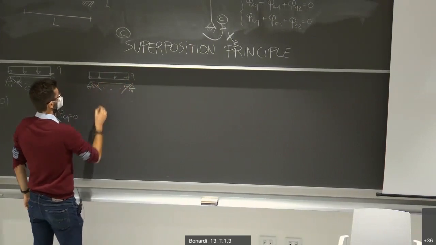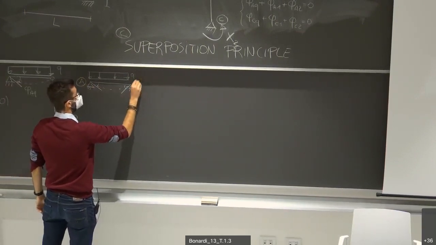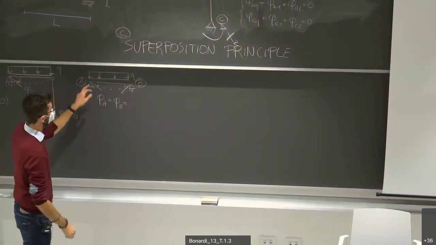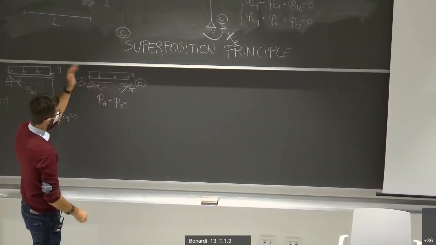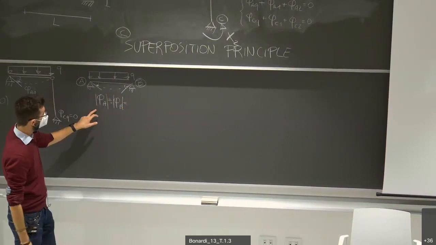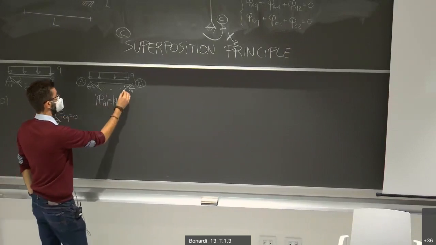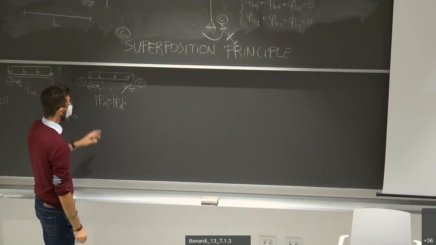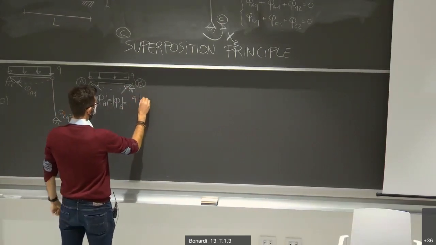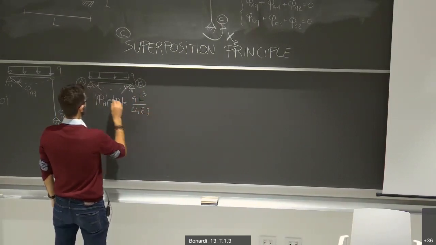We expect the same rotation at node A and node B. φ_A is equal to φ_B. Obviously, the first one is clockwise and the second one is counterclockwise, so they have the same modulus but the sign is different. The value is equal to Q times L to the power of 3 over 24 EI.